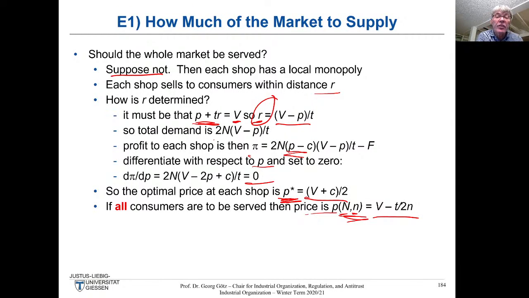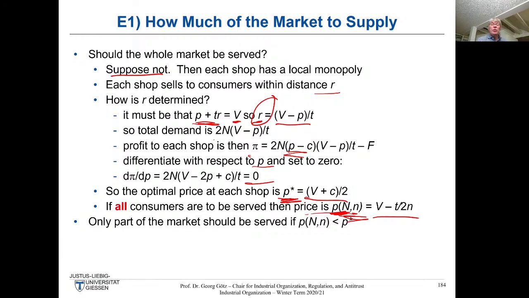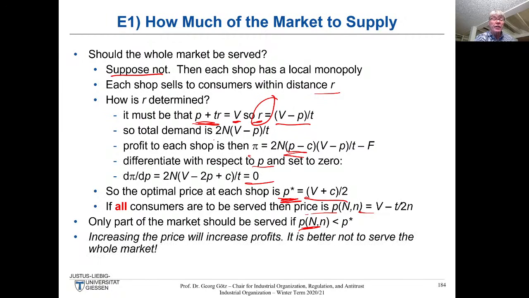So if this monopoly price is lower than this price here, it would not be a good idea to reduce the price below the price at which everyone is served, because we don't attract additional consumers. Only in the case in which the monopoly price is higher than this price, it would be a good idea, because then it would be good to reduce the number of consumers we serve. And that should become clear in a minute here. Increasing the price will increase the profit.